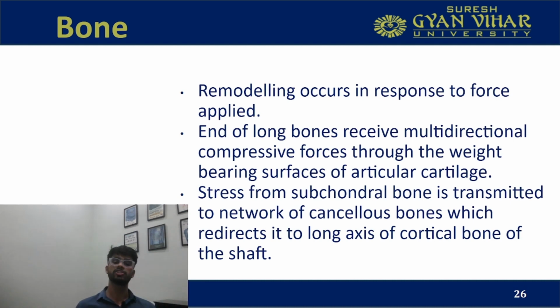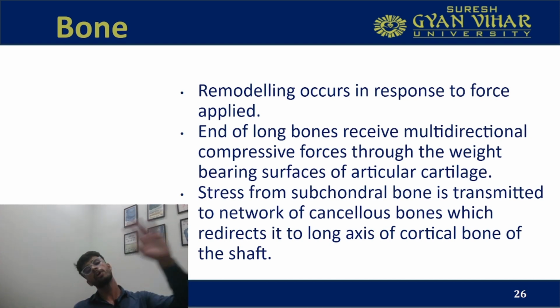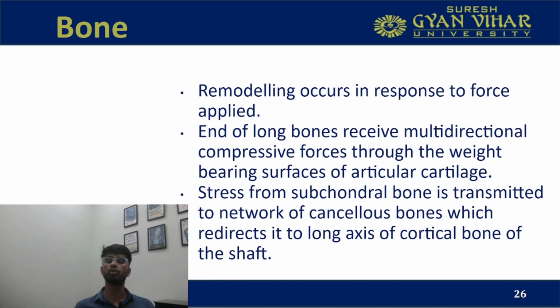Then it is transmitted to the cancellous bone, which is the spongy bone. After that, it is redirected to the long axis of the cortical bone of the shaft. In that manner, load is transmitted to the bone. So it first comes to the joint, then goes to the articular cartilage, from there to the cancellous bone, and from the cancellous bone to the long axis of the cortical bone.